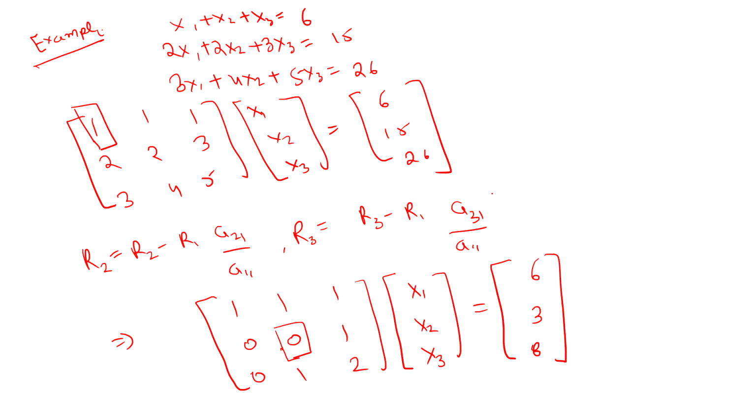So the idea is, whenever we have a pivot of 0, either all the elements below this pivot should be 0, or we will do partial pivoting or complete pivoting. So let us see what this is.